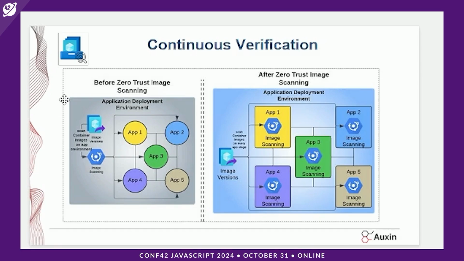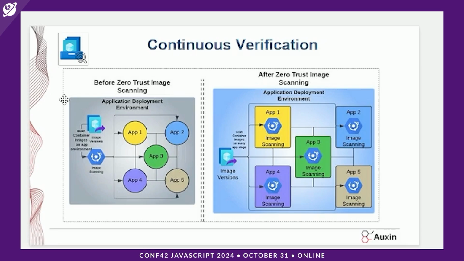Before zero trust, we see that applications are deployed without consistently verifying container images, leading to potential vulnerabilities. After implementing zero trust, every application, regardless of version, undergoes image scanning to detect vulnerabilities and ensure trust before deployment.